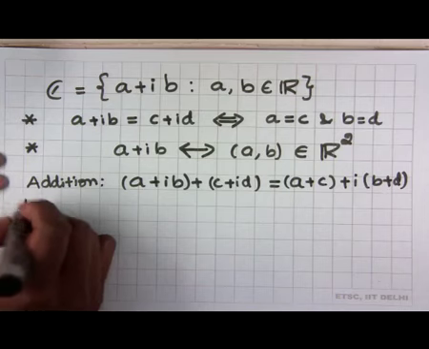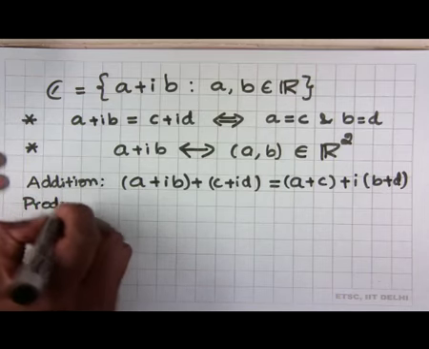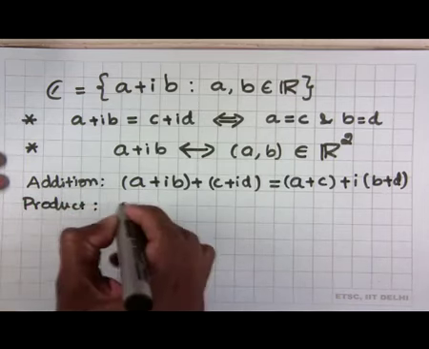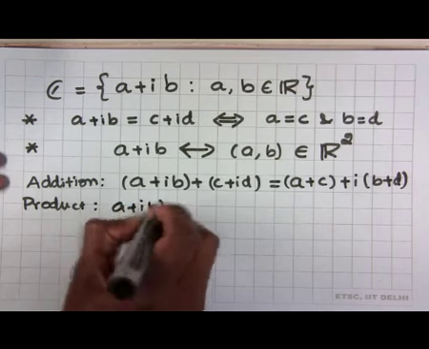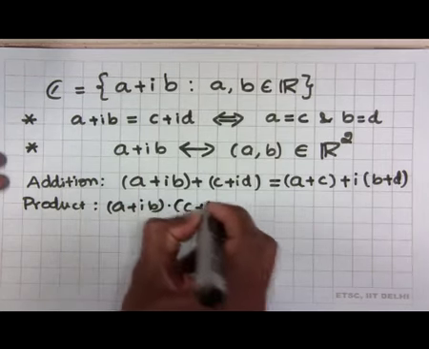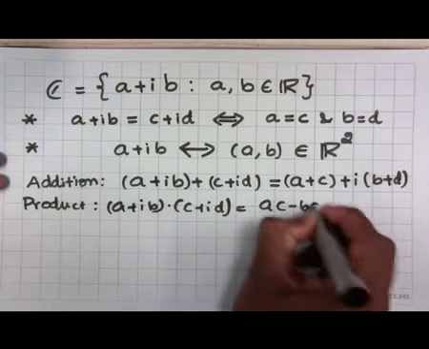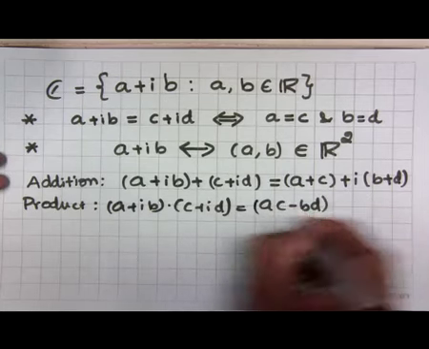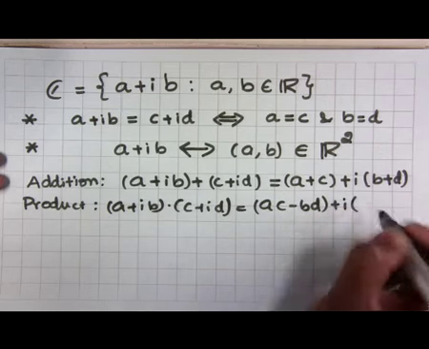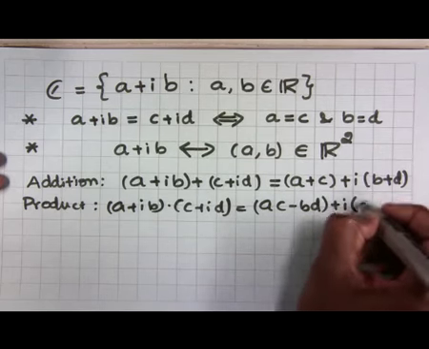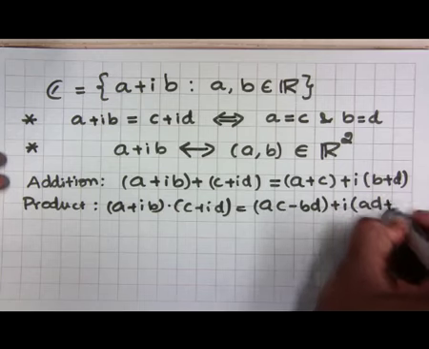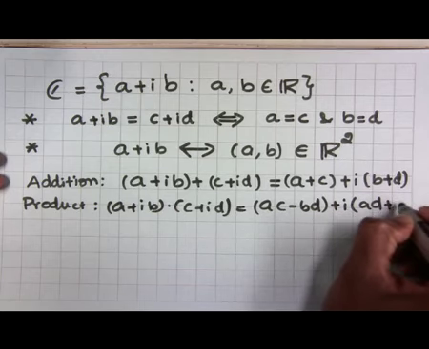And the multiplication, which we defined as a c minus b d, plus i times (a d plus b c).